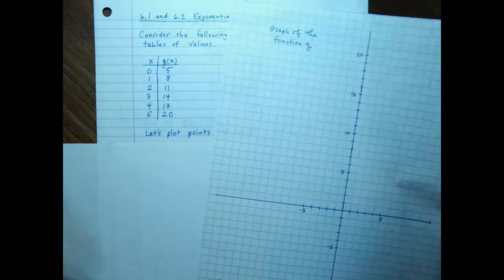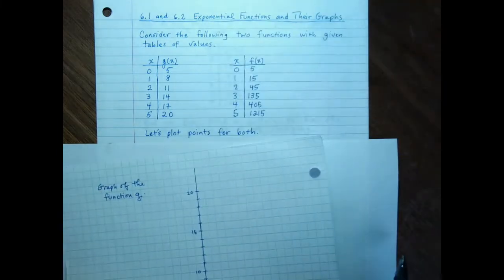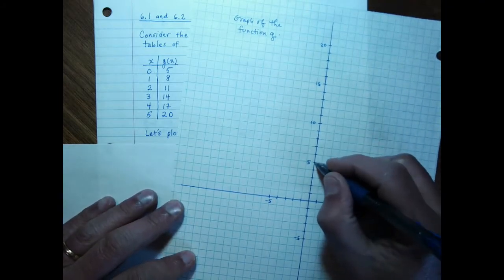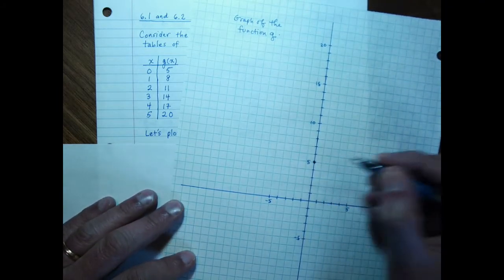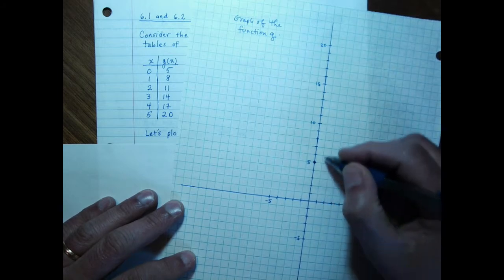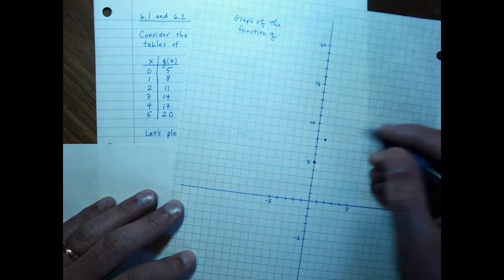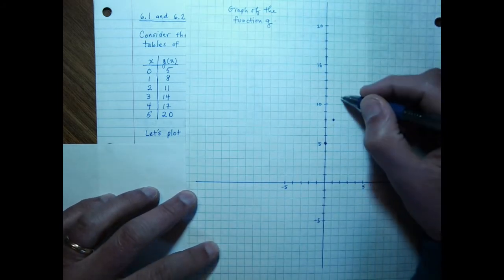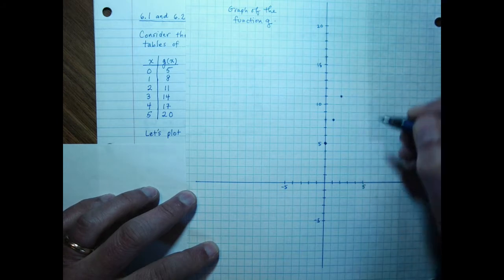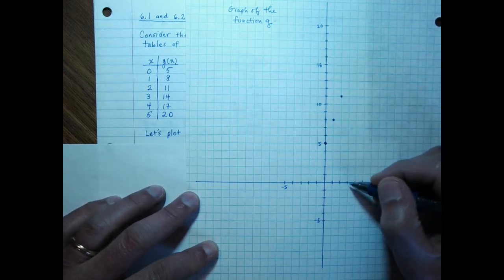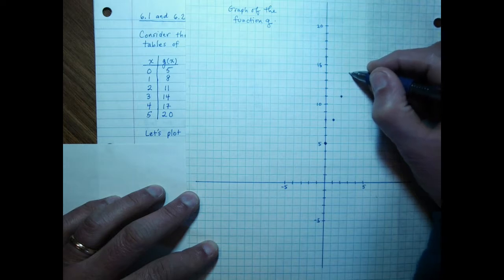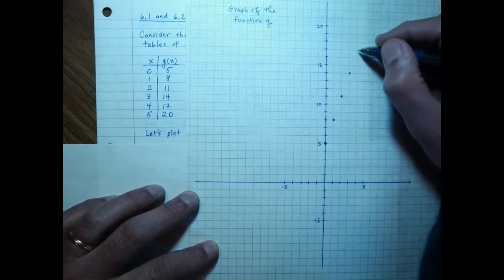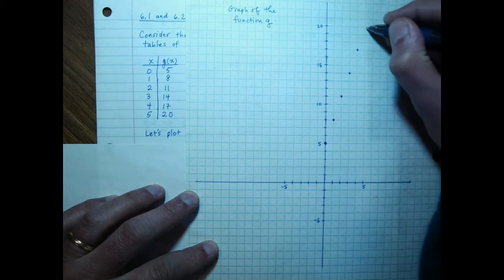So I had some graph paper here that I prepared ahead of time. And for g, let's see, we have (0, 5), and (1, 8), (2, 11), right there, (3, 14), and (4, 17), and (5, 20).